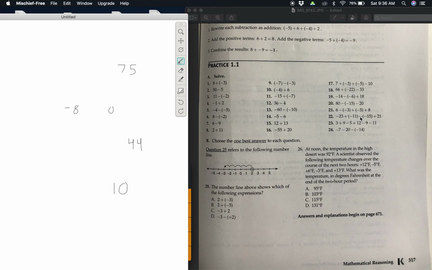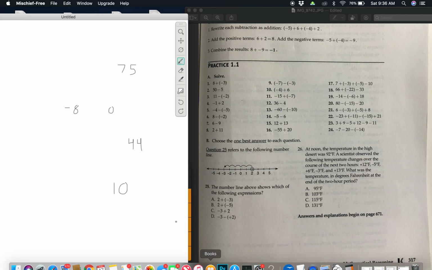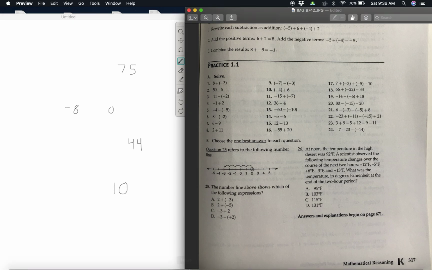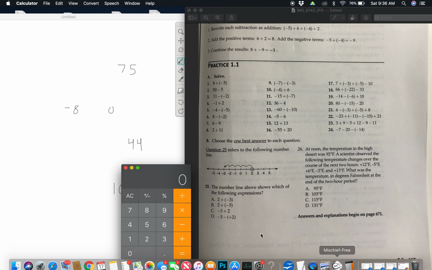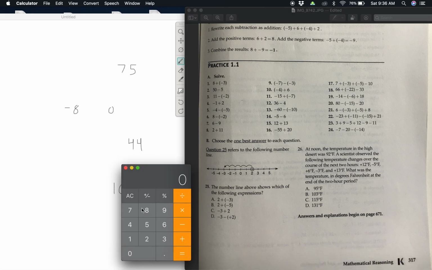Okay, minus negative 15. So negative 34 plus 15.